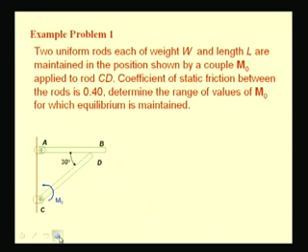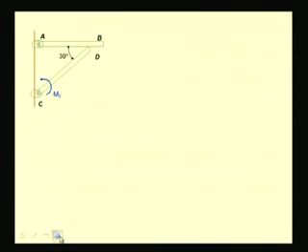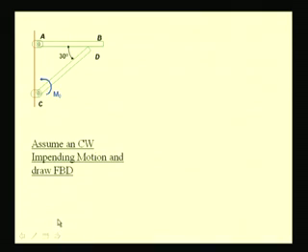So, let us consider the impending motion in the clockwise direction. That means this rod CD tends to rotate in the clockwise direction. To construct the free body diagram, we should know the direction of the frictional force that exists at this contact point.